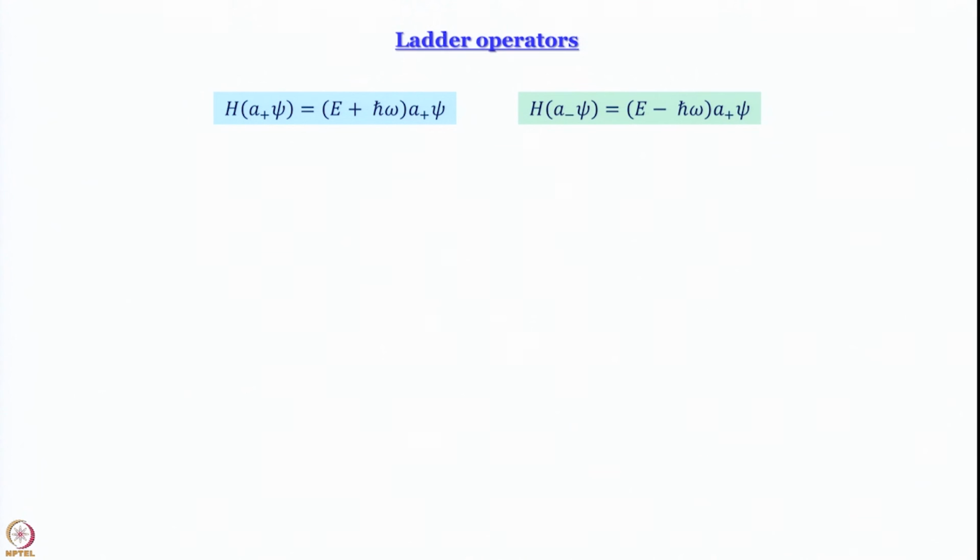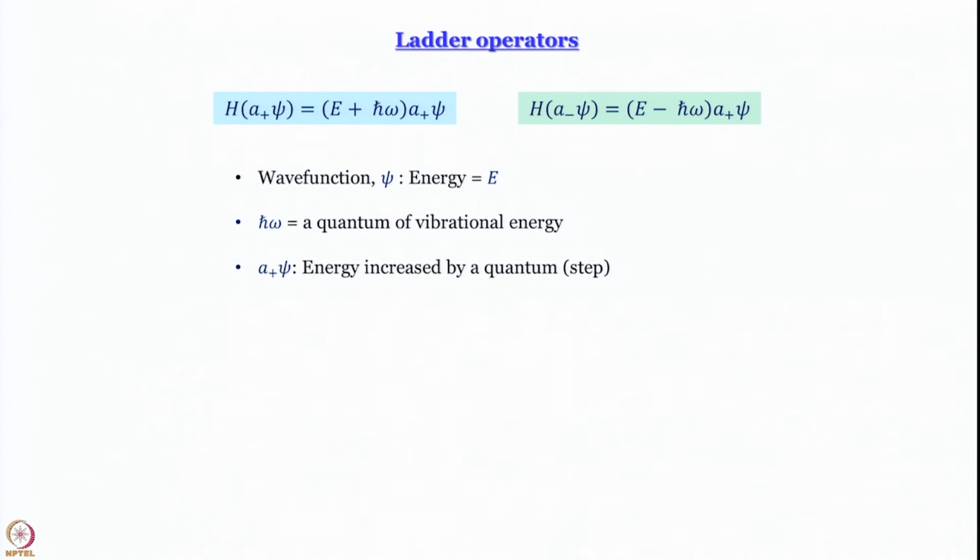Using the ladder operators A minus and A plus, we have got these two Schrodinger equations. So, we start with a wave function psi of energy E, and remembering that H cross omega is a quantum of vibrational energy, when A plus operates on psi, you produce a new wave function whose energy is more than the energy of the original wave function by a quantum, or a step.